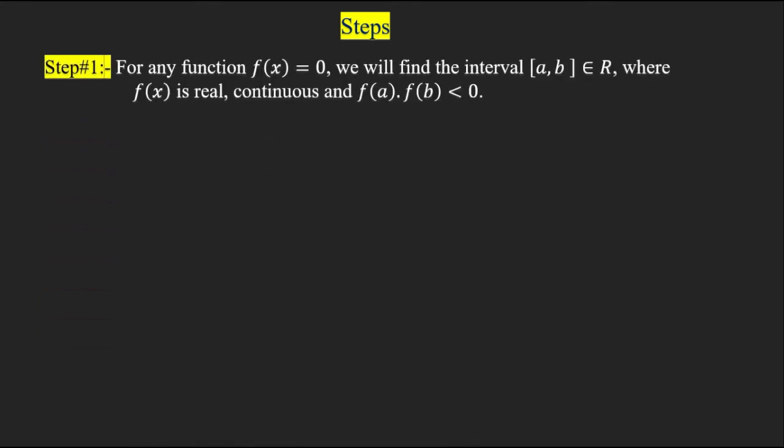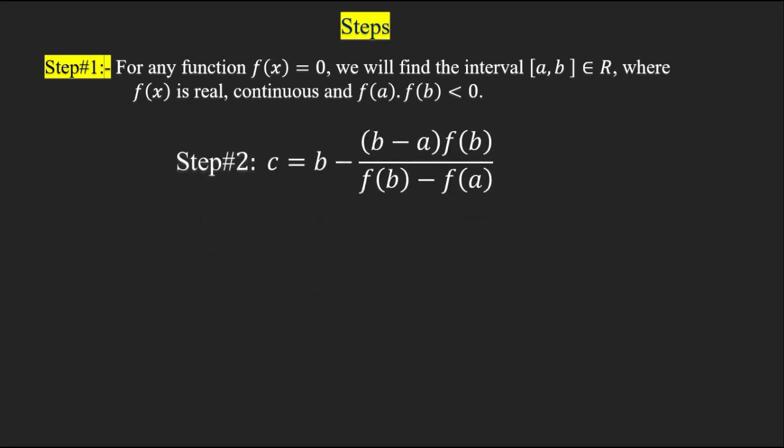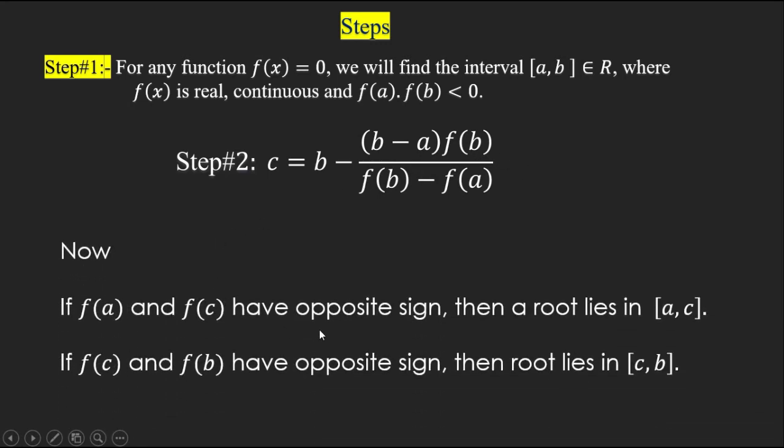So, steps for finding the root of the function using the Regula Falsi method. In the first step, for any function, we will find an interval where the function is real continuous, and at both the boundaries of the interval, the function has opposite signs. Then we will find c by using this formula, and after finding c, we will find the interval where the function has different signs.